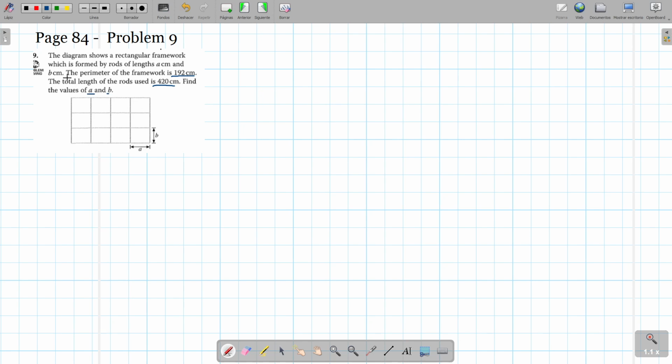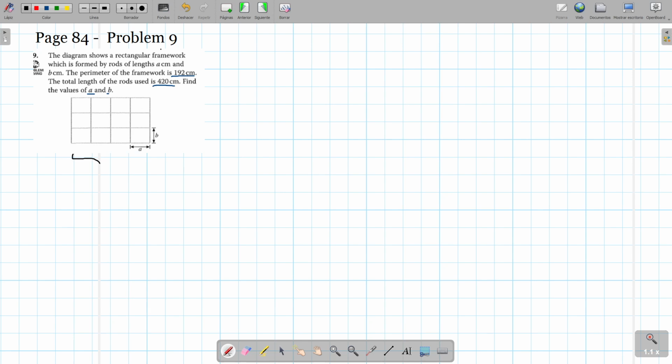So, we have to read very carefully the numbers that they are giving to me and how to use A and B in order to connect these two variables. We know that the perimeter of the framework is 192, but the framework here is just showing me A and B. So this length down here will be A. How many times?